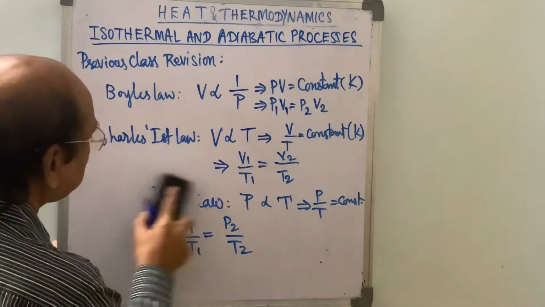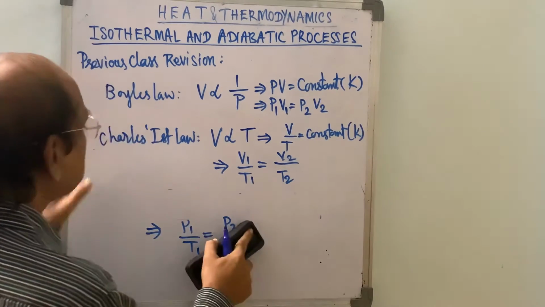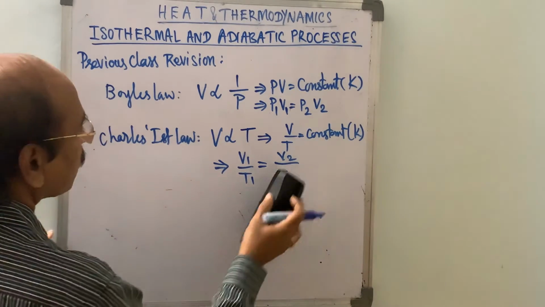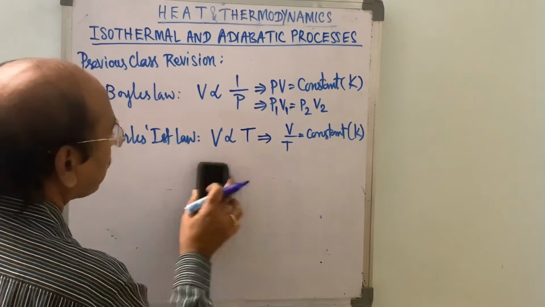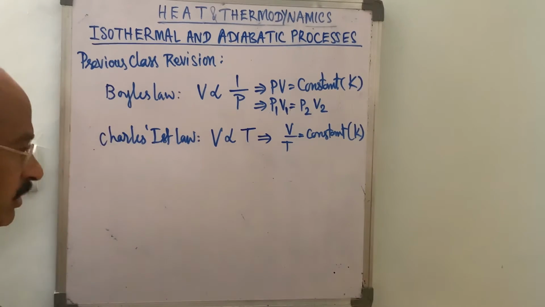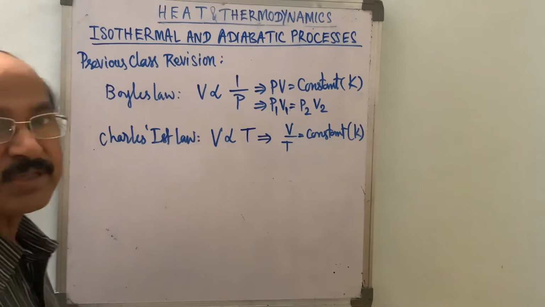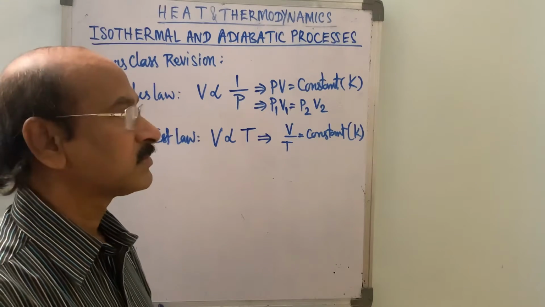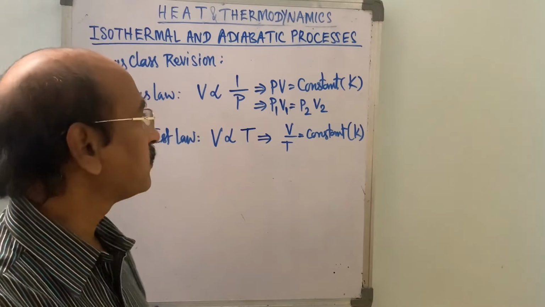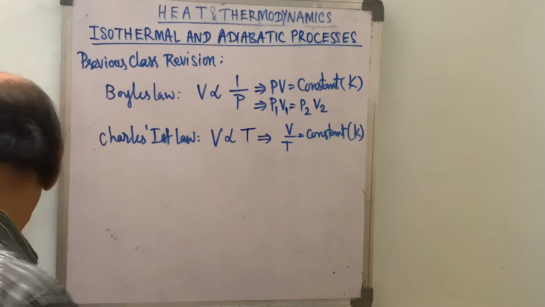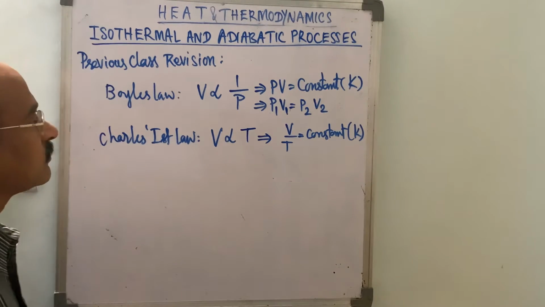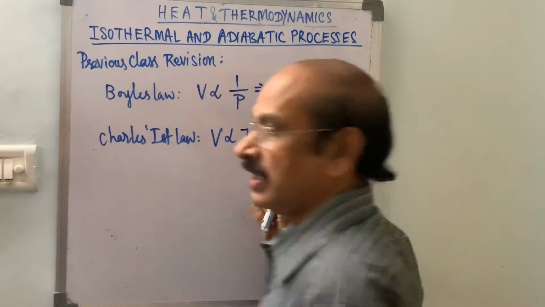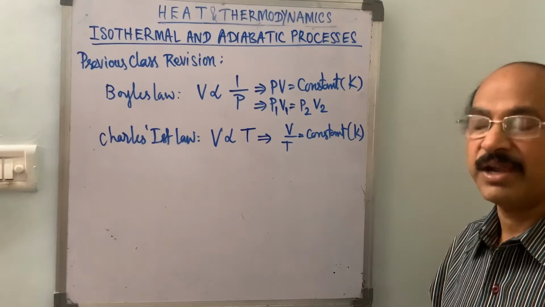Now, by combining the first two laws, that is Boyle's law and Charles' first law, we obtain the ideal gas equation. A gas which has molecules of negligible volume and obeys Boyle's law and Charles' law at all temperatures and pressures is known as an ideal gas.